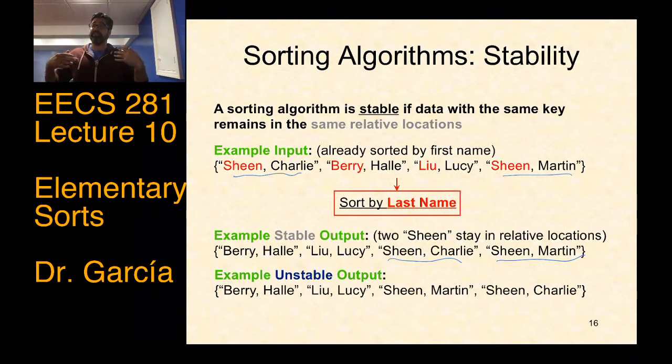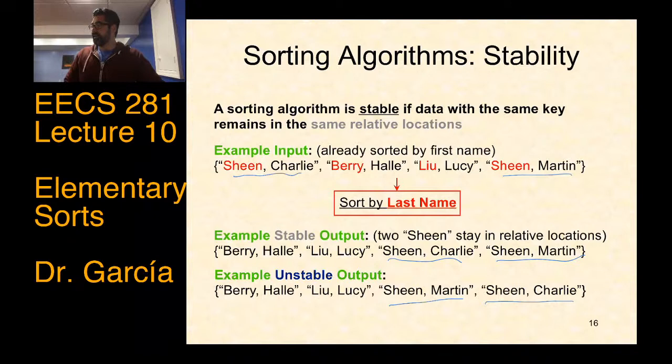But if I can't say that this is going to happen 100% of the time I run my sorting algorithm, if there is a chance that, for example, Martin Sheen might come out before Charlie Sheen, then I say that my sorting algorithm is unstable. I don't have that particular guarantee. Again, we're going to talk about which of these sorting algorithms are stable versus unstable.